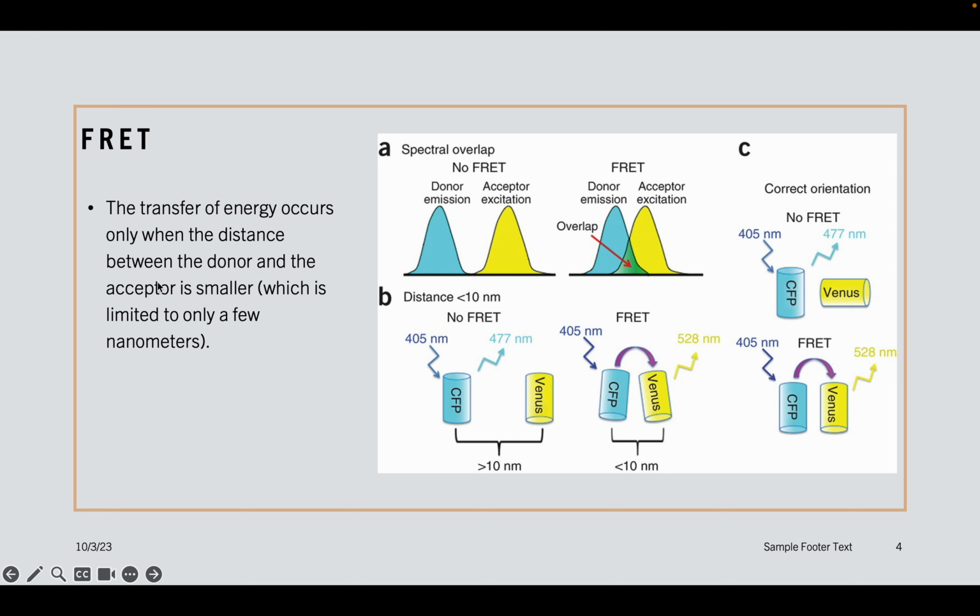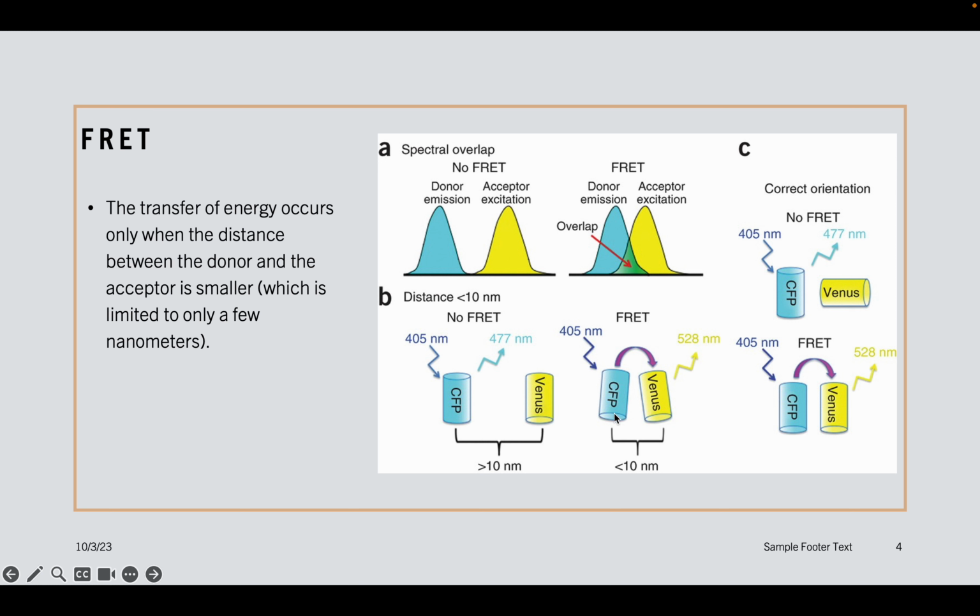And the other thing that I have explained now is the distance. Suppose these are two molecules which have the same emission of the donor and excitation of the acceptor. But they are too far apart from each other, so the energy transfer cannot occur. If the distance between them is more than 10 nanometers, there is no energy transfer.